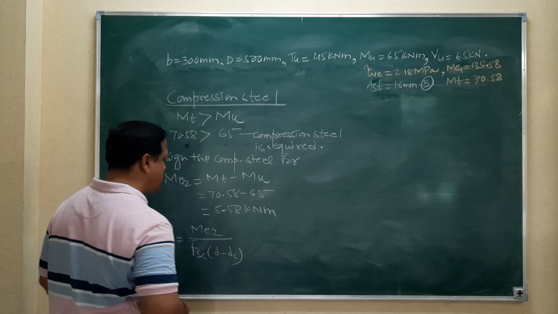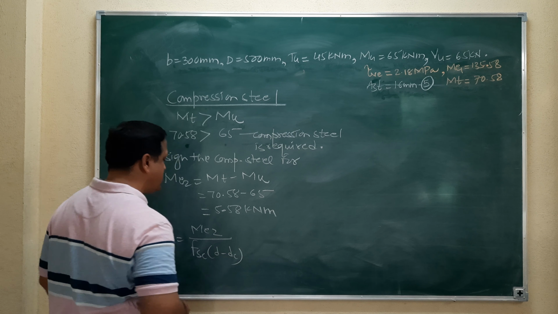The D dash upon D ratio is 0.05, 0.075, 0.1, 0.125, 0.15, 0.175, and finally 0.2.